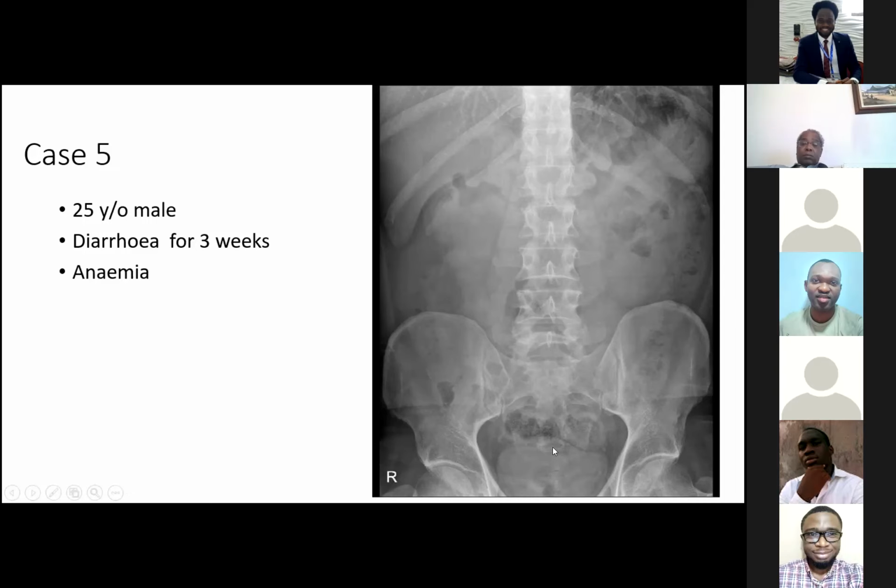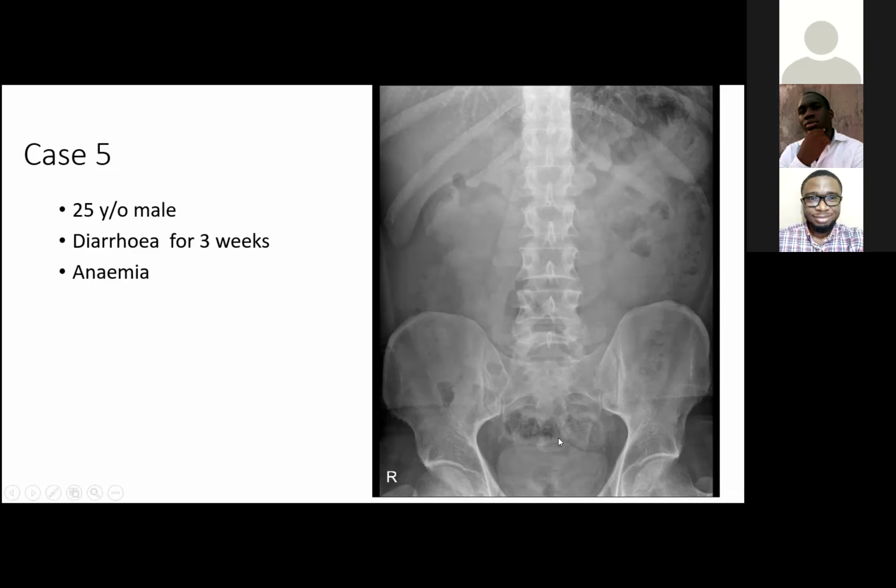So this was not a technically adequate examination, but in this case, it wasn't actually crucial because this was done for diarrhea. Was this an appropriate investigation to do in a patient with diarrhea? It is if the concern was regarding whether they are developing toxic megacolon, or if there was a concern for bowel perforation.